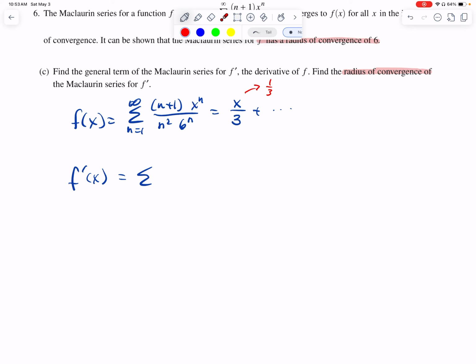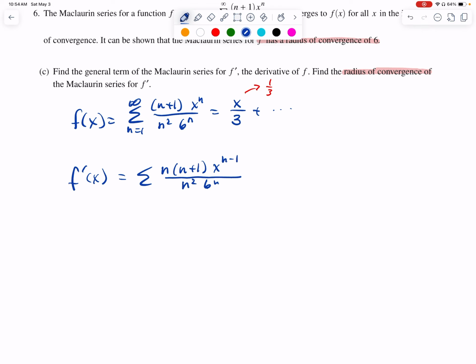What's affected is only this x, because that's what you're taking the derivative with respect to. So you're going to leapfrog that n down, and you'll have n times (n plus 1), x to the n minus 1, over, and then everything else stays the same, n squared times 6 to the n. And does anything simplify? It doesn't look like it.